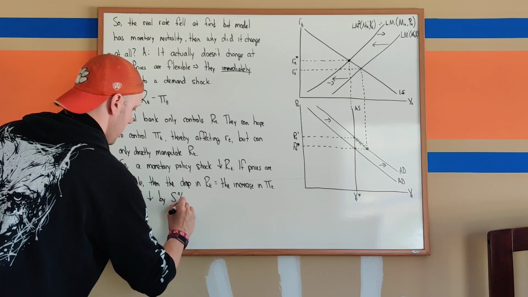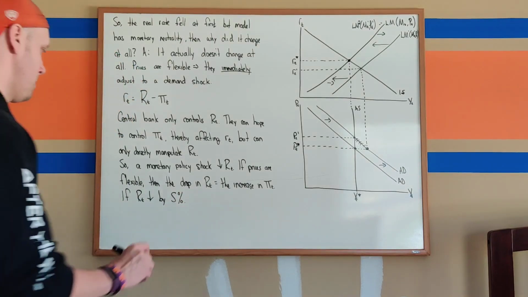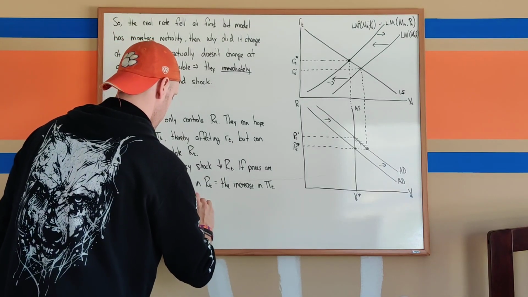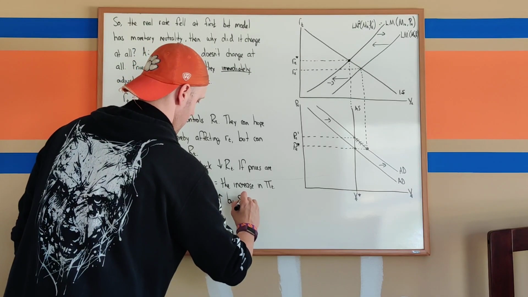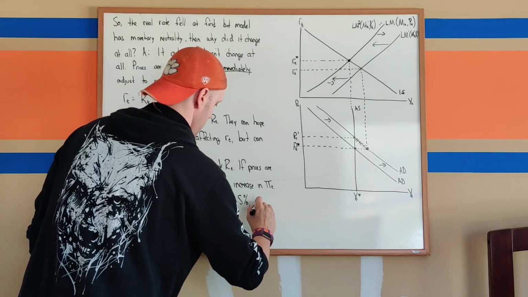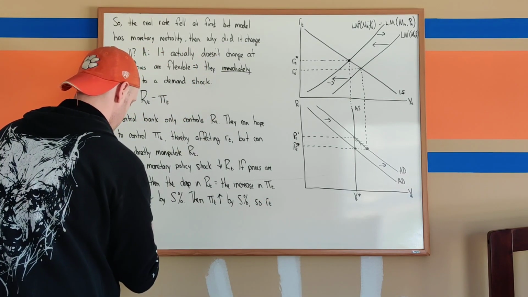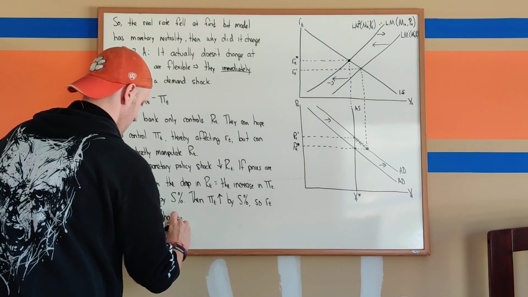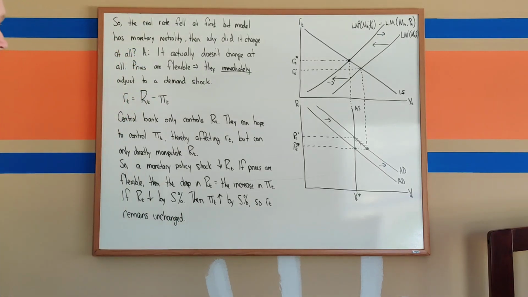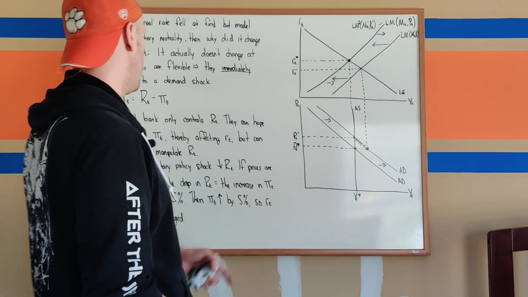So let's say they try to cut nominal interest rates by 5%. If the nominal interest rate cuts by 5%, inflation spikes by 5%, the real interest rate remains unchanged.